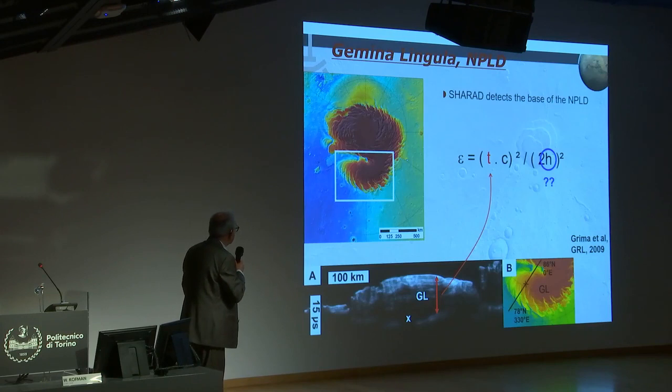Next thing. Okay, another thing we use, I have a few minutes more. This shows measurements we made over part of the North Polar Cap, and we tried to determine the properties of the ice inside this part of the Polar Cap.